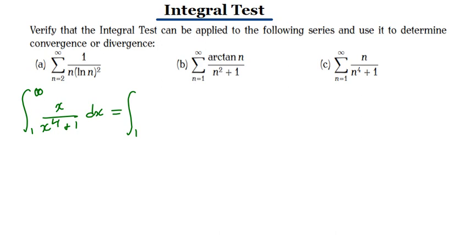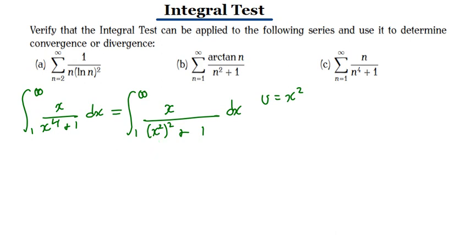That would be 1 to infinity of x divided by x squared, squared plus 1 dx. I'm just using this so that it will be much easier when I'm integrating this. So I can let my u be equals to x squared.